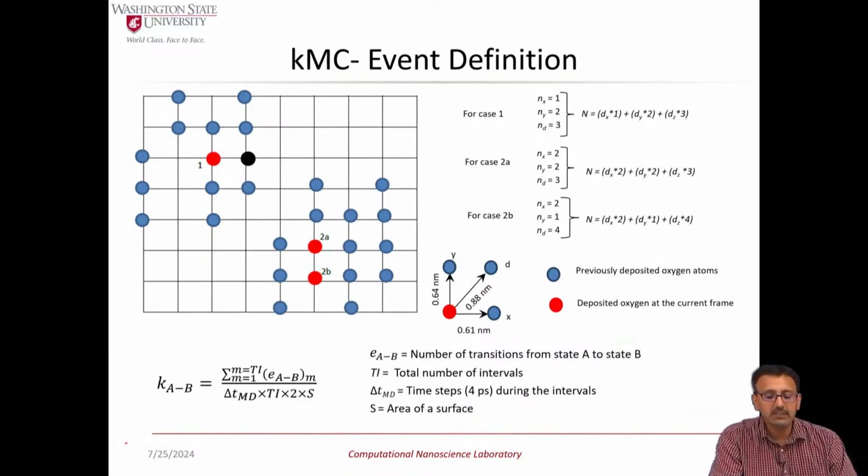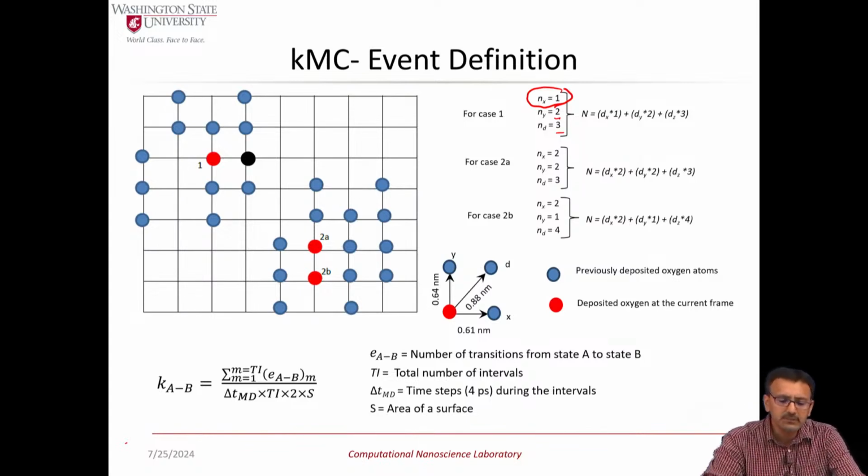So, we came up with a kind of a scheme or classification to identify each of these locations. This can be done in many different ways. In this scheme, we associated a weight of 1 to the number of neighbors in the x direction, 2 to the y direction, and 3 to the z direction. Okay.